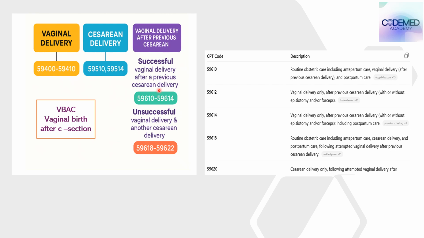It could be a successful attempt, that means the first was a C-section and the second vaginal, but it could be unsuccessful also. That is, the first was a cesarean section, the second they tried with vaginal, but they had to do it by C-section. So whenever you are coding for that, pay attention to all these details for the correct coding.